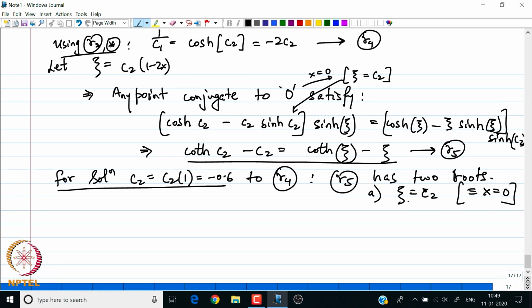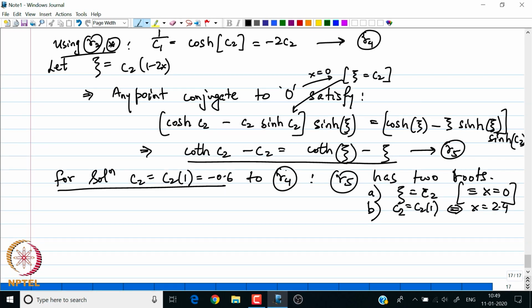So, xi is C2, and the second root is when C2 is C2 of 1. I see that the second root is also at x equal to 2.4, right.